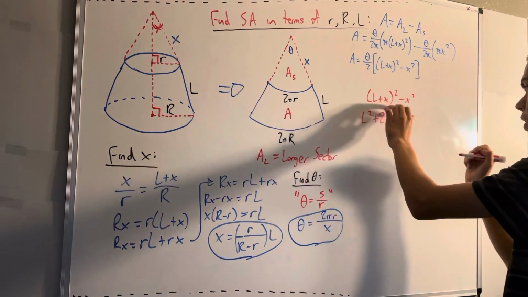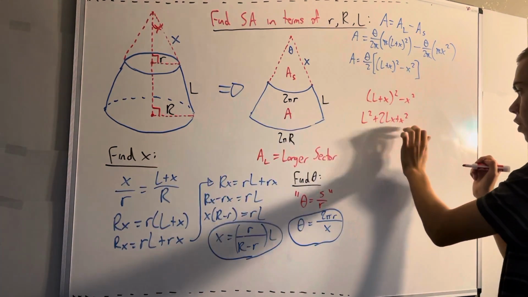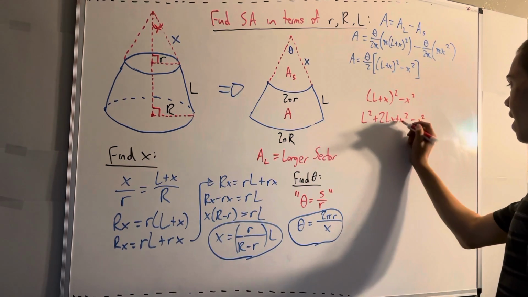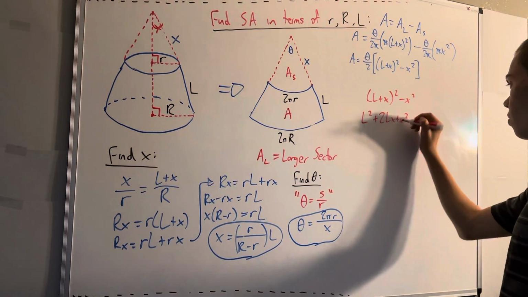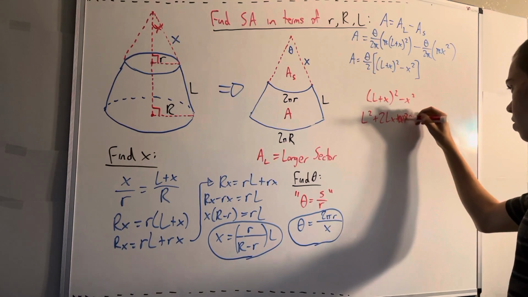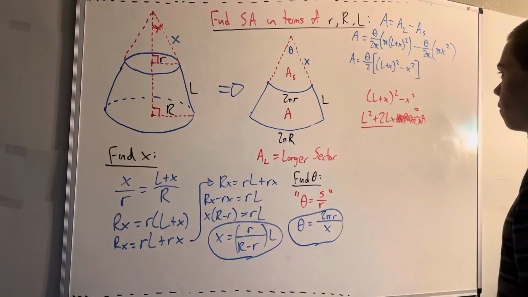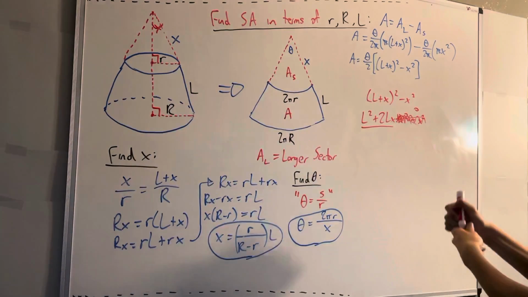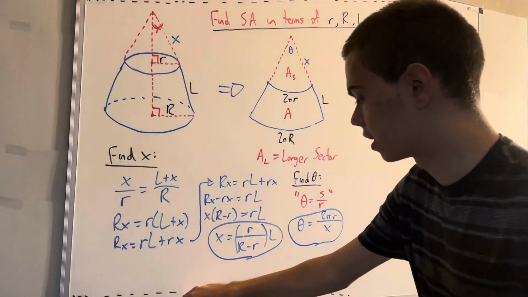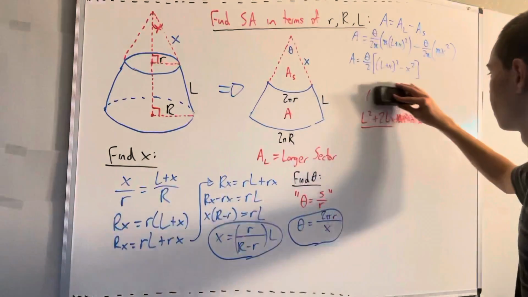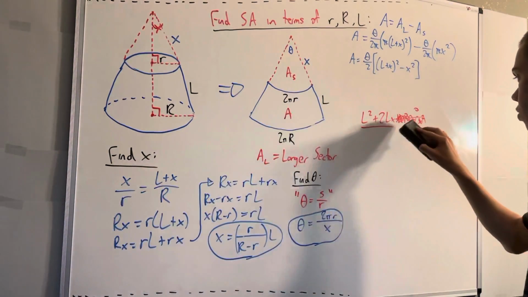You could FOIL this out for yourself to figure out that this is true. And you just subtract X squared, and notice how X squared and minus X squared cancel out. So this right here is just 0. So this right here doesn't even matter, it's 0. So really, this right here is what we're left with inside the brackets. So that's what we're going to write. Yeah, just erase this. This is what we're left with.